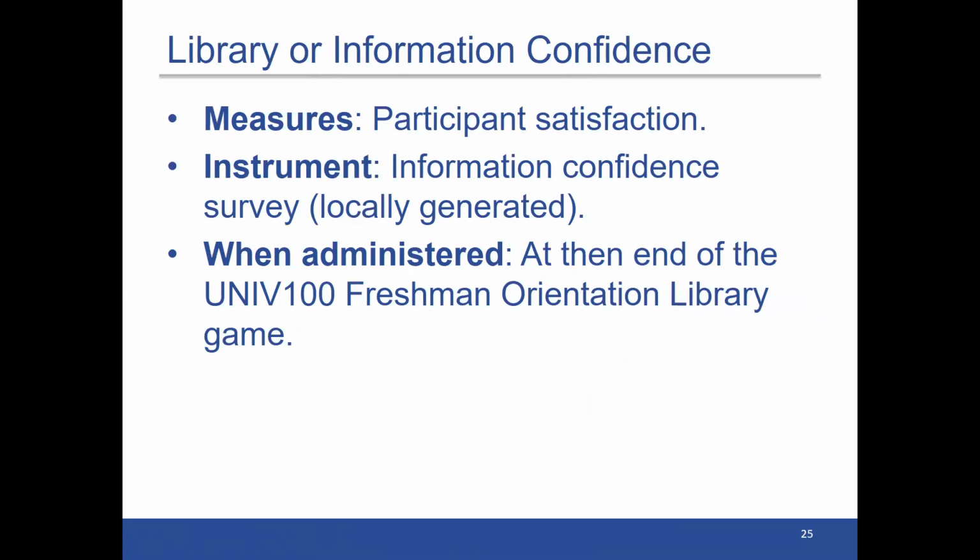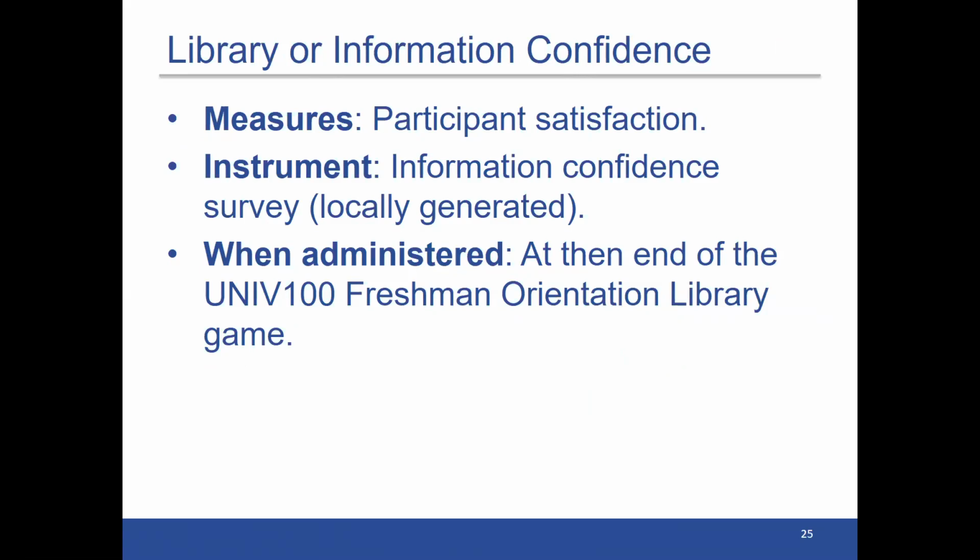For example, for our library or information confidence, what we're really looking at is participant satisfaction. And the instrument we use is an information confidence survey. It's a locally generated survey of 5 quantitative and 1 general comments question. And we administer it at the end of every University 100 freshman orientation library game.